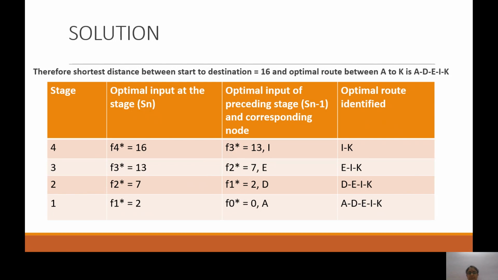So if you consider any kind of minimization problem, as I've told you, variables could be in terms of distance, cost, or time. So in all the cases, if it comes for minimization, you have to work for minimization of each stage and the cumulative contribution of each stage up to the last stage.